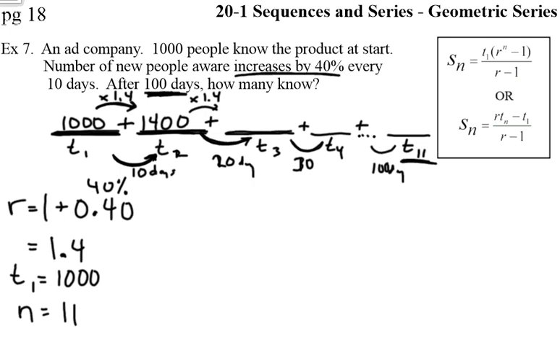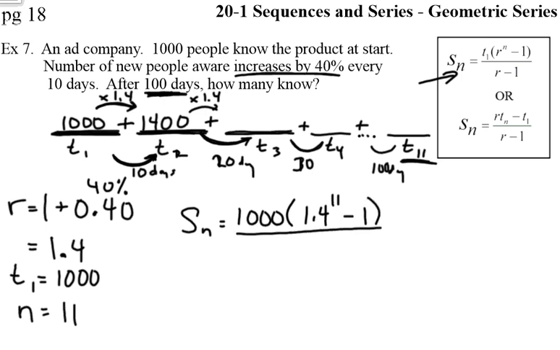As soon as we have the n, we're doing the first formula. So the sum of all these people: there were 1,000 on day 1, term 1, and that times the 1.4 R value to the power of 11. Subtract the 1, and that divides by R, which is 1.4 minus 1.